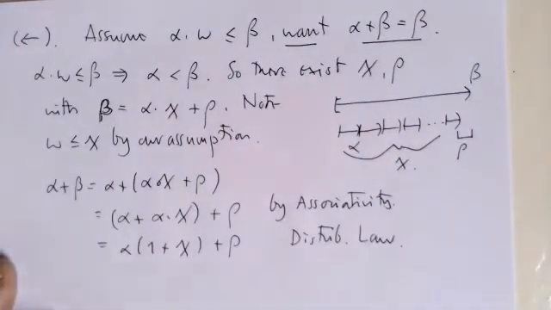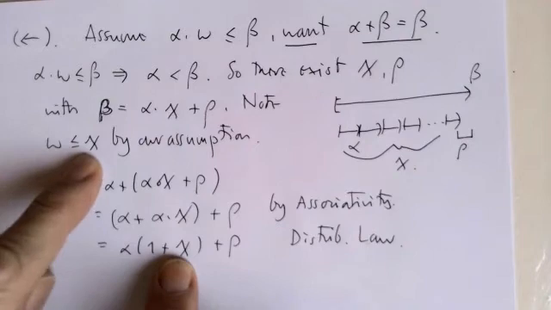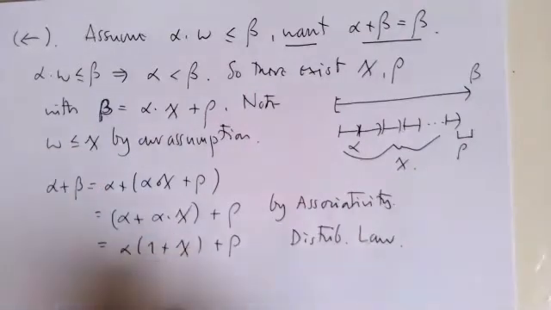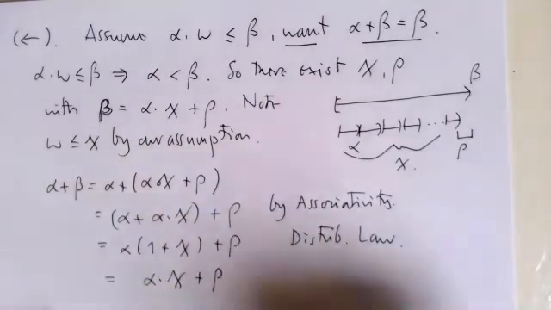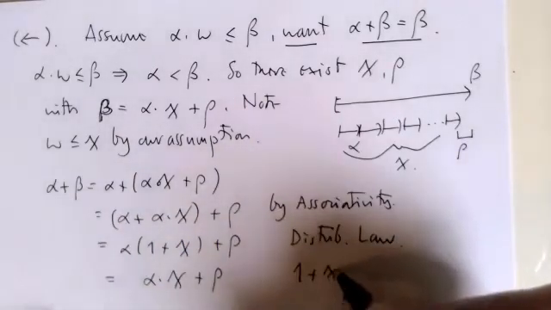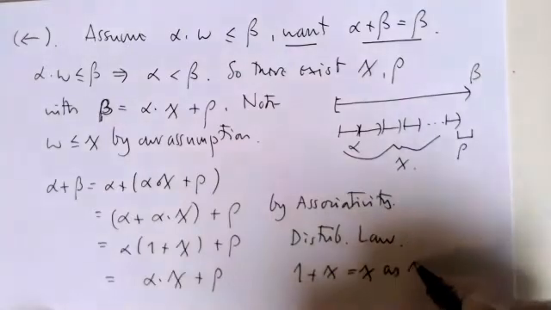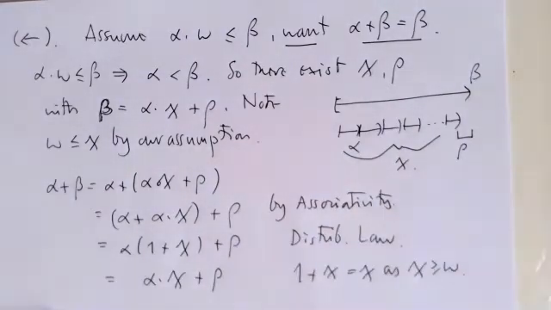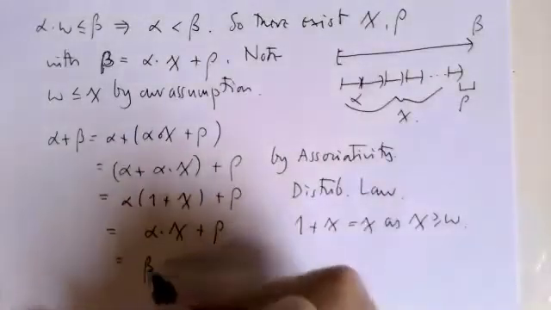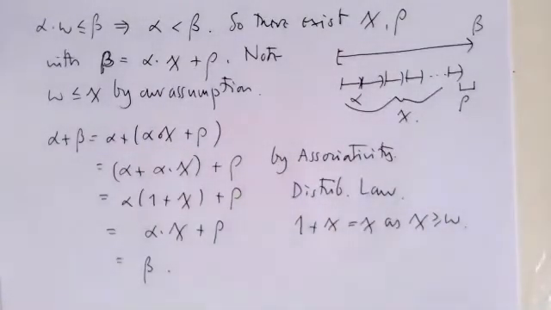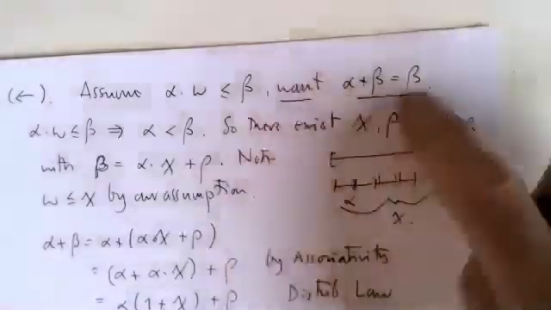And chi is greater than or equal to omega. So 1 plus chi is chi. Right. And this is just beta, which is what we wanted over here.